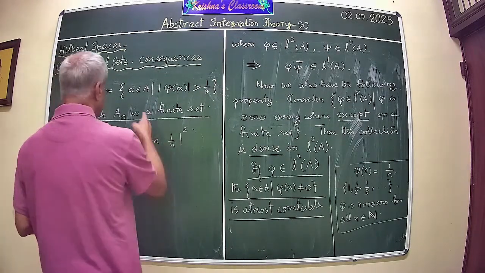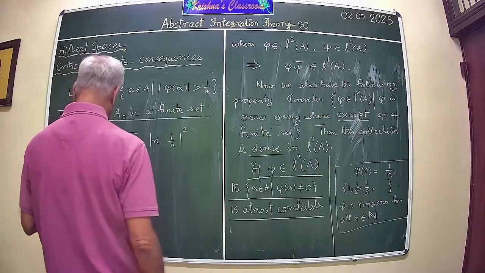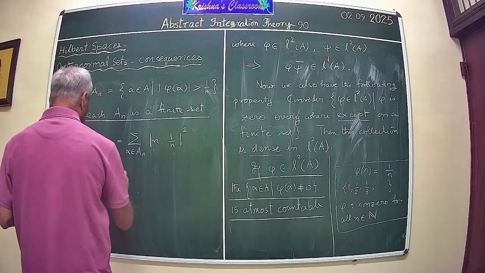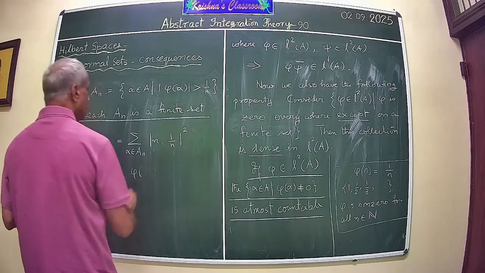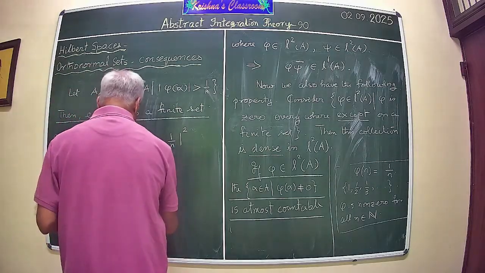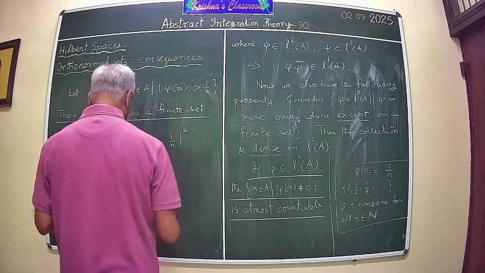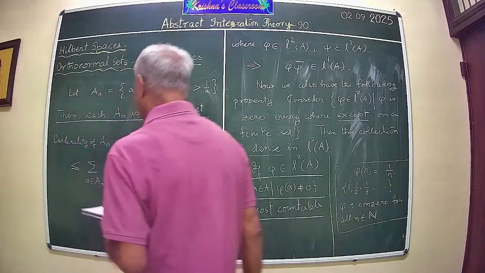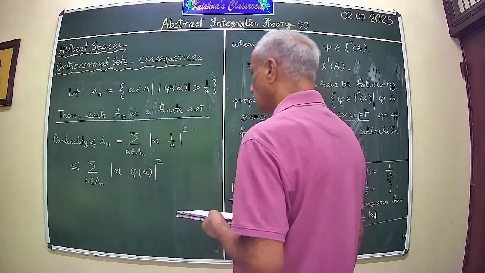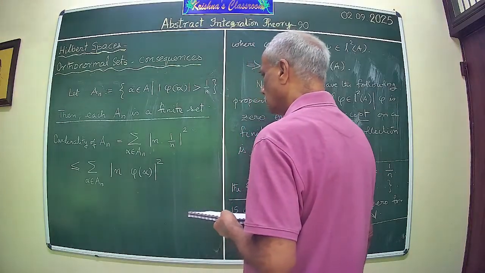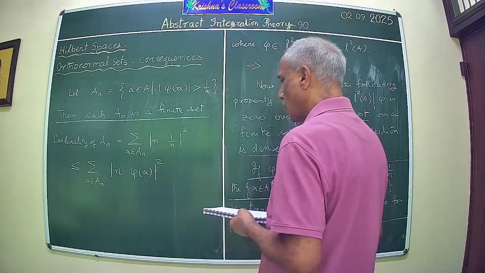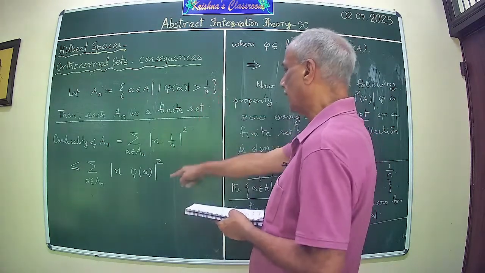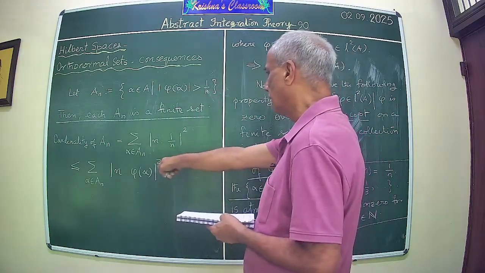Now we make use of this inequality, the possible choice of phi. Because mod phi(alpha) is greater than 1/n, we can replace this.